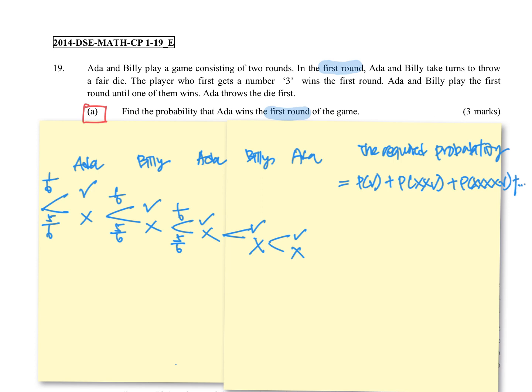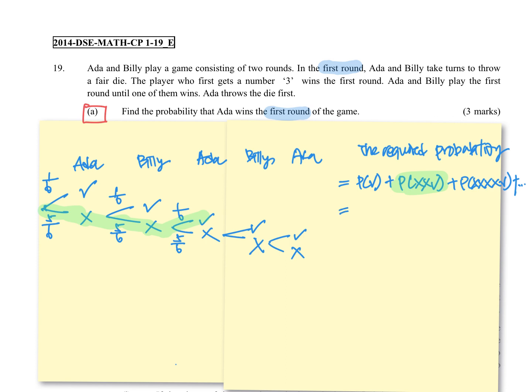So anyway, if Ada gets the number 3 in the third round, provided that in the first round Ada cannot get the 3, and then in the second round BD cannot get the number 3, and then in the third time, Ada finally gets the number 3 so as to end the first round.